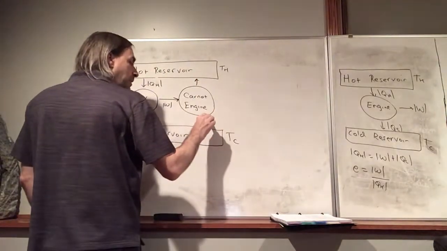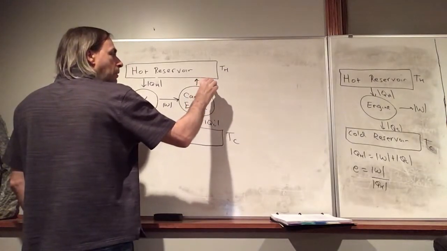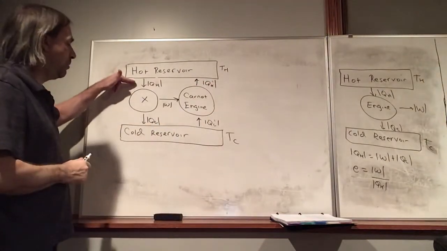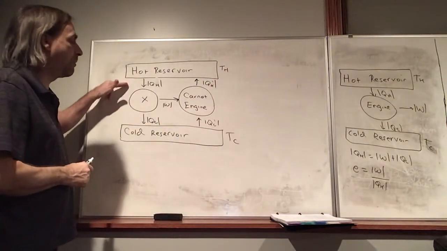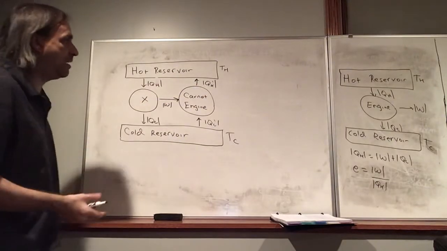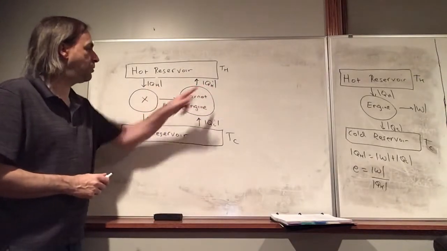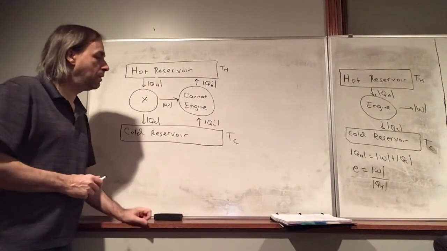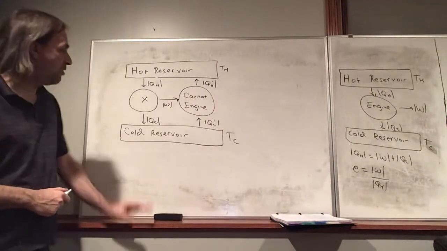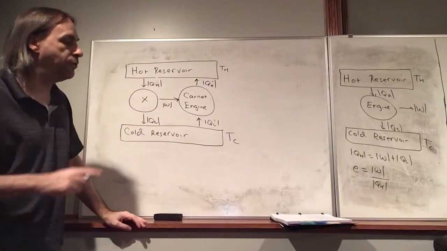So we're going to call this Q, because now we have two different things. We're taking QH from the hot reservoir, and the Carnot engine is putting some heat back into the hot reservoir. So just to distinguish them, we'll use QH, QH prime, QC, QC prime. Okay. So we've got some engine here that's driving a Carnot engine.